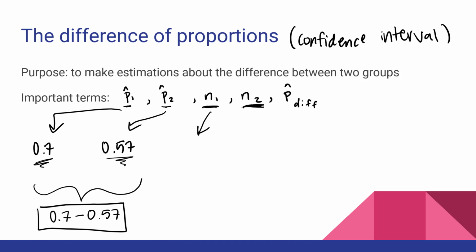Our n1 would be how many girls we chose to sample, so that would be 256 girls. And then our n2 would be the number of boys we chose to sample, so that would be 248 boys. And then we have a p-hat difference, so that is equal to p-hat 1 minus p-hat 2. Or p-hat 2 minus p-hat 1, it really doesn't matter as long as your answer comes out positive.